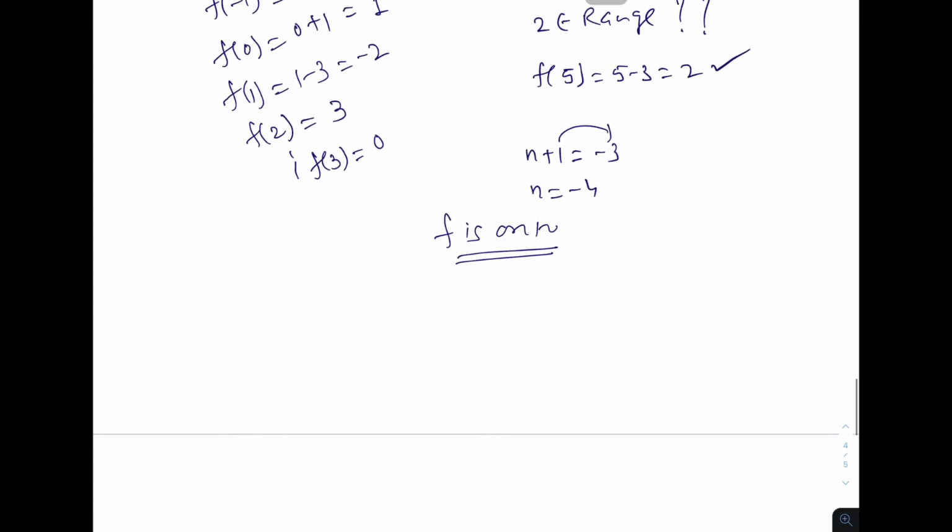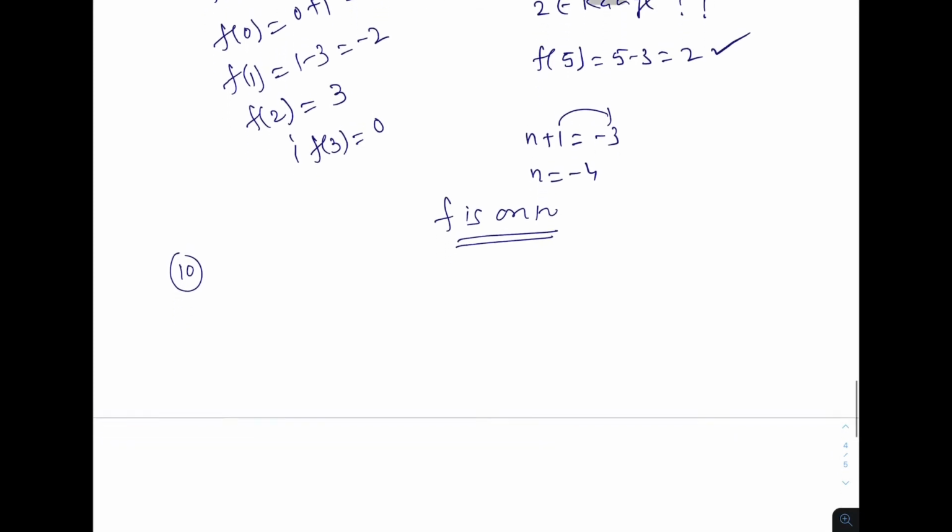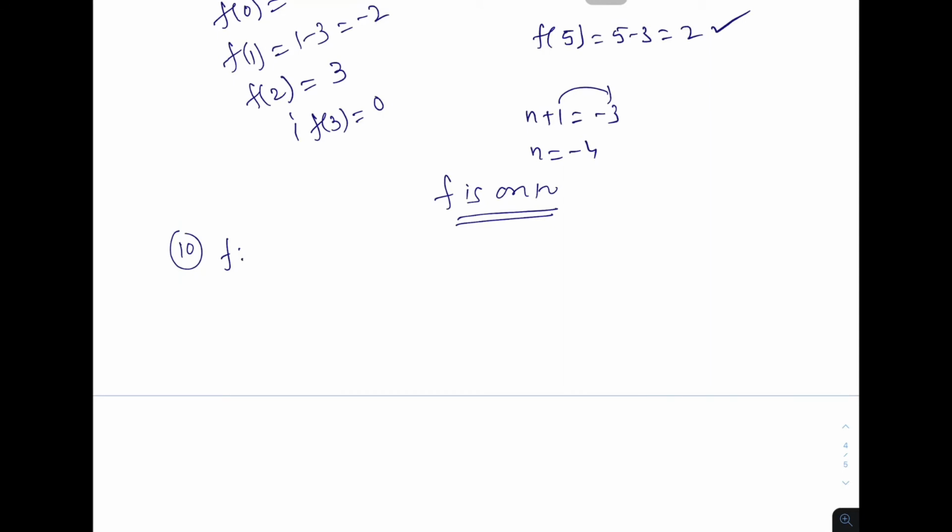Let us take one more example. f from Z to Z, f of n equal to n when n is even, and 2n plus 3 when n is odd.